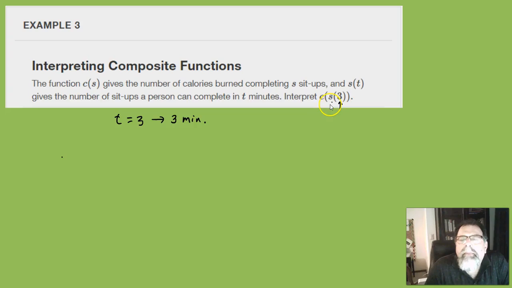Okay, so you're going to plug 3 into the function s of t, and let's say that gives you, for that person, 60 sit-ups in 3 minutes. And then you're going to take that answer, 60, and plug it into c. c of s is the number of calories burned completing s sit-ups. So say c of 60 would be, I don't know, you burn 25 calories or something.